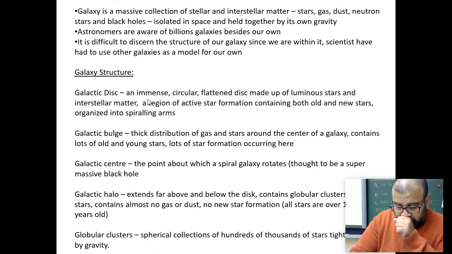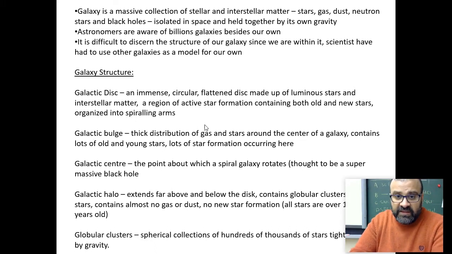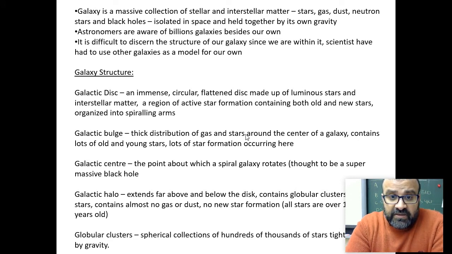In the bulge at the center, there's lots of gas and lots of stars around the center of the galaxy, containing lots of old and young stars. But if we generally look at the overall color, it's more yellow.